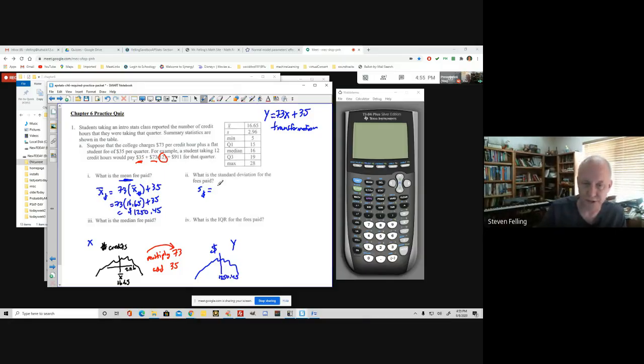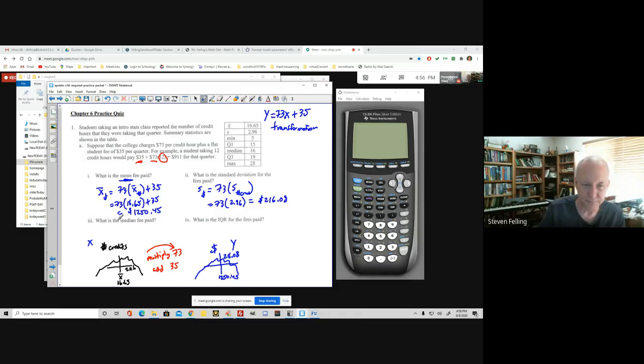So we're just going to say it's 73 times the standard deviation of the number of credits, but we're not going to add the 35. So it's 73 times the standard deviation of 2.96, and that turns out to be, again in dollars, $216.08. So the standard deviation here is only 216.08, not that plus 35.